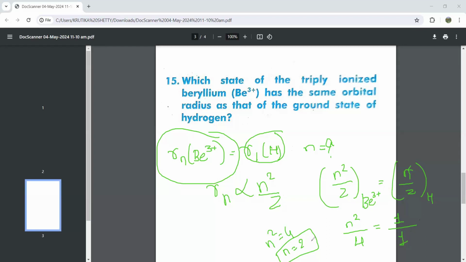So simplify, you will get n is equal to 2. That means the ground state of hydrogen corresponds to the second state of triply ionized beryllium. That is the meaning of the answer. So copy down this. This is an important question, copy down.